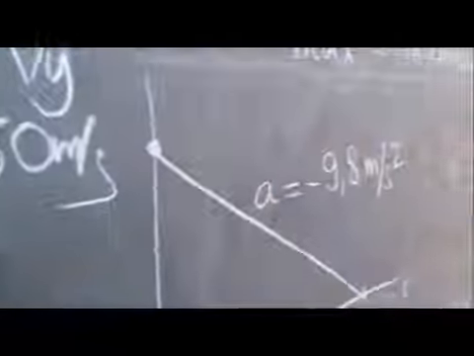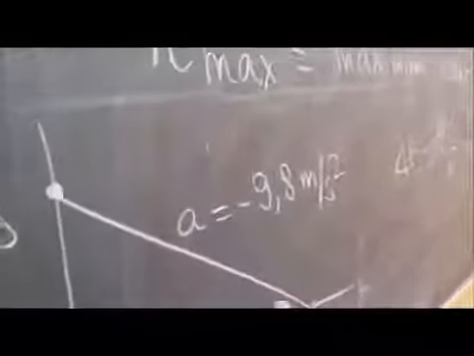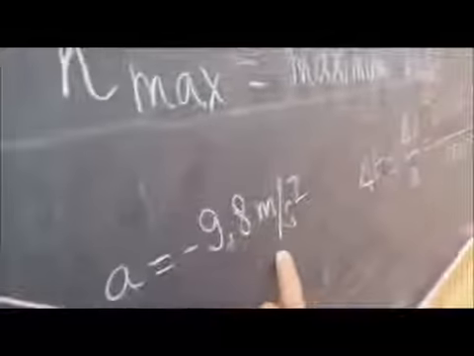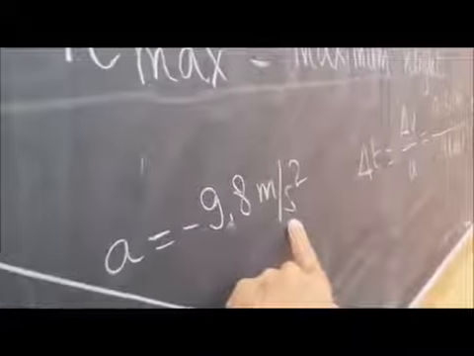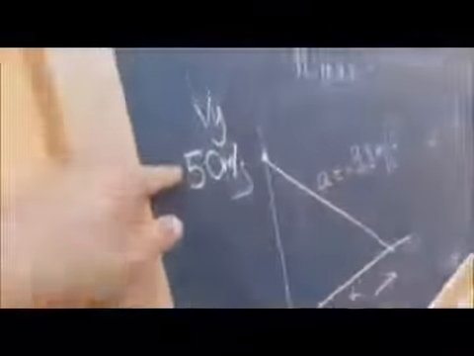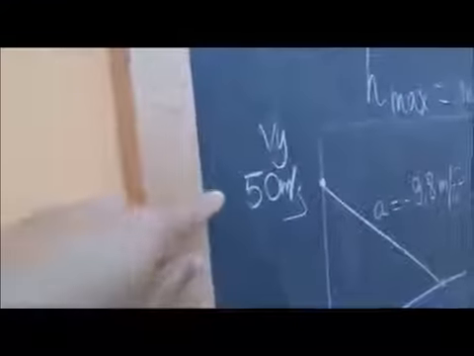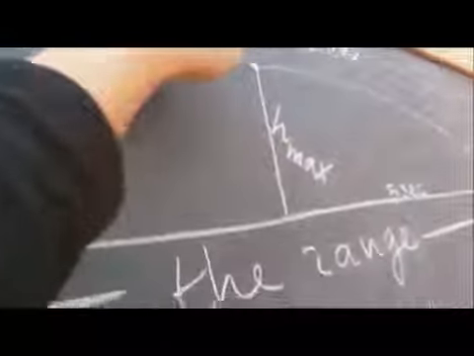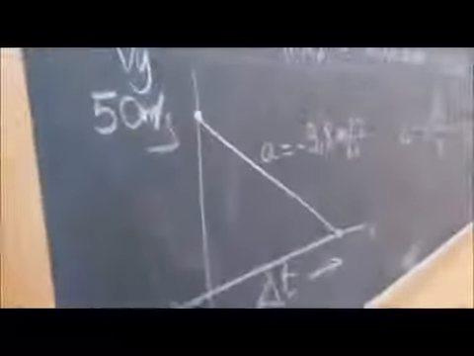Gravity causes an acceleration, a negative acceleration of negative 9.8 meters per second squared. So we know that the initial vertical component is 50 meters per second. When the bullet touches the maximum height, the velocity is going to be 0 meters per second.